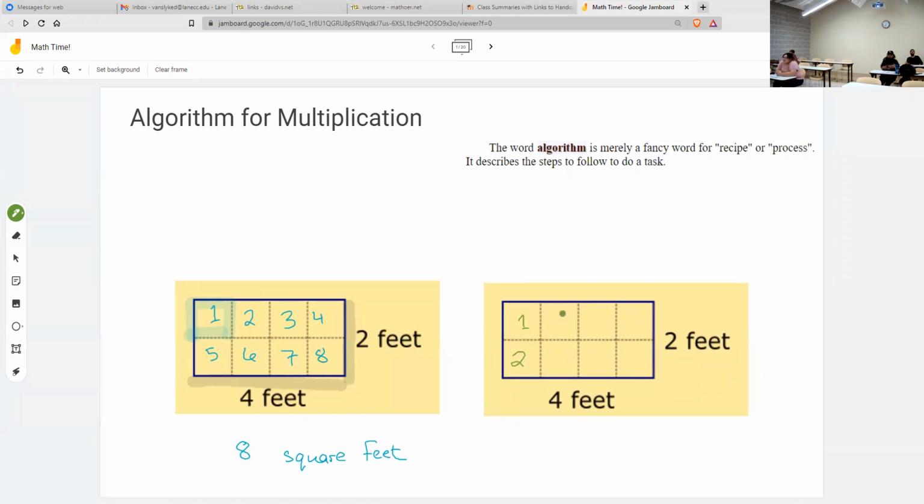So there's 1, another 1, another 1, another 1. I still get the same answer, of course, 8 square feet. So it doesn't matter whether I think of this as 2 copies of 4 or 4 copies of 2, I get the same answer. You can mix things up when you multiply 2 numbers and not change the answer. Everyone with me so far?